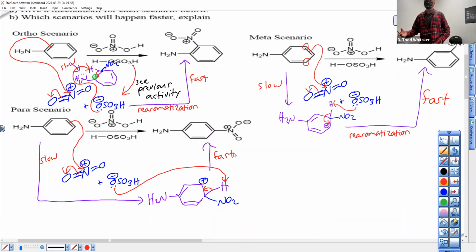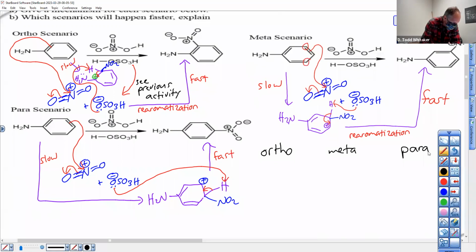Reactions that make unstable things are slow reactions. End of story. Okay? So to compare these reactions, we need to look at the product of the slow step and ask ourselves, which of those is the best? Which cation is the best? So I'm just going to copy them. You got your ortho situation, you've got your meta situation, and you've got your para situation.